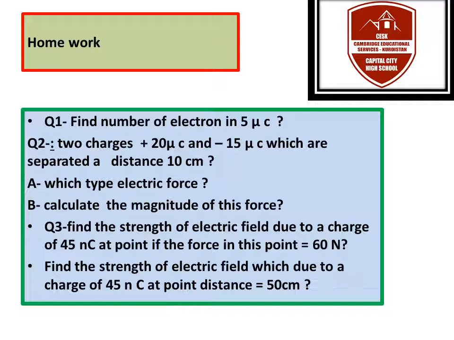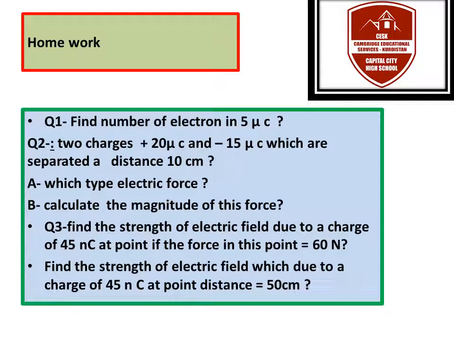We solved this type of question before. You only divide this charge, 5 microcoulomb or any number, by the charge of an electron, which is 1.6 times 10 to power negative 19 coulomb. Then coulomb with coulomb cancel, and it will be just a number. So this is the number of electrons.